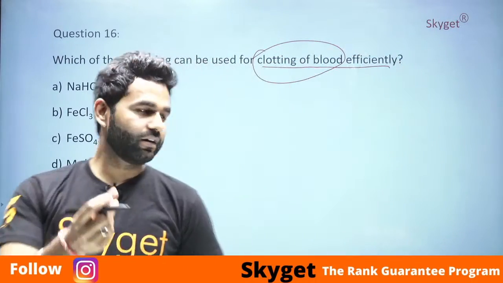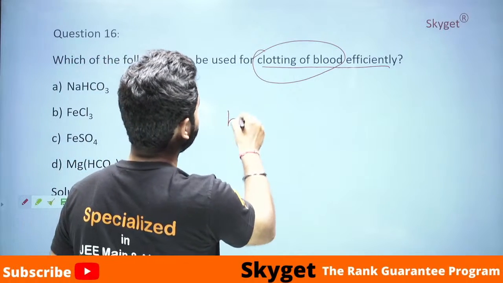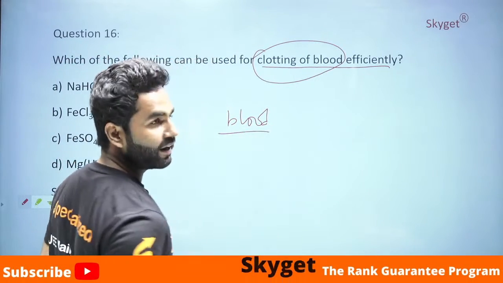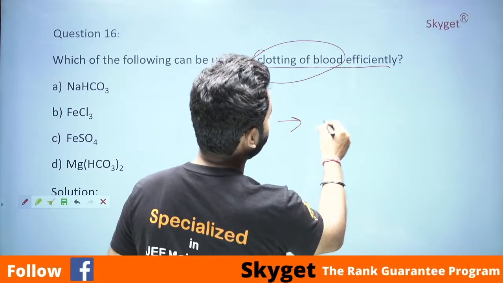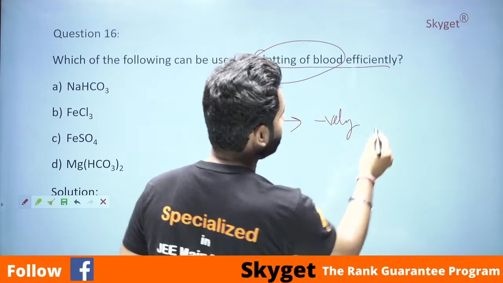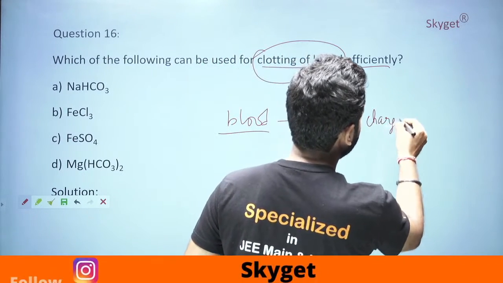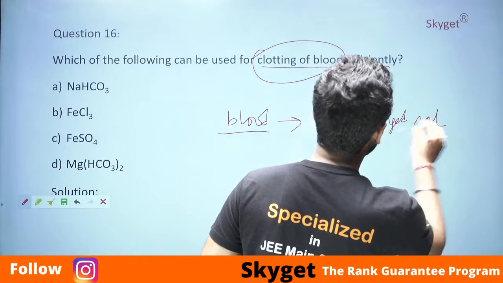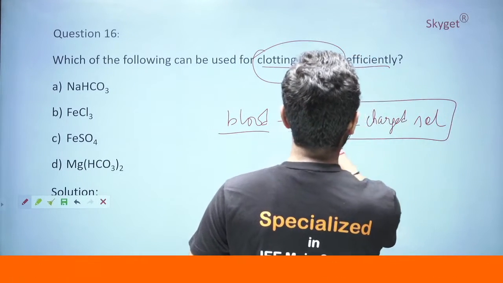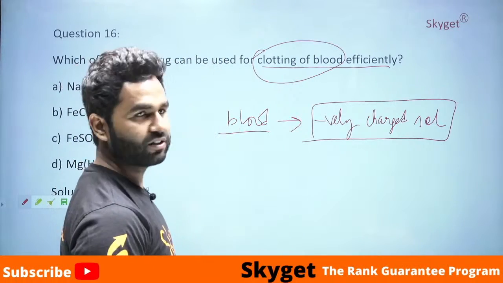Let's talk a bit about the blood. Now blood is a kind of negatively charged sol.